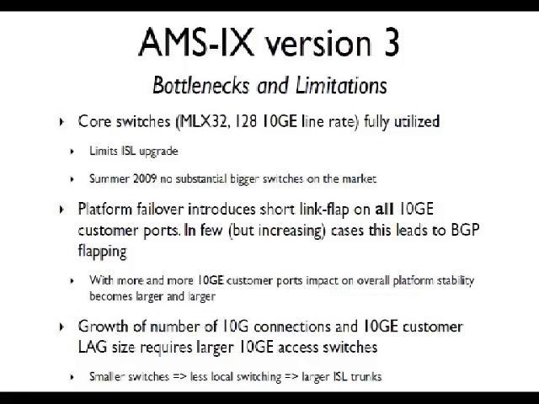We had to look at all the problems in AMS-IX version 3. Well, the first thing is, as I said, we ran out of ports. The switches were full. We had these big MLX 32 switches with 128 10 gig Ethernet ports, and they were completely fully utilized. We could not go much further on this platform.